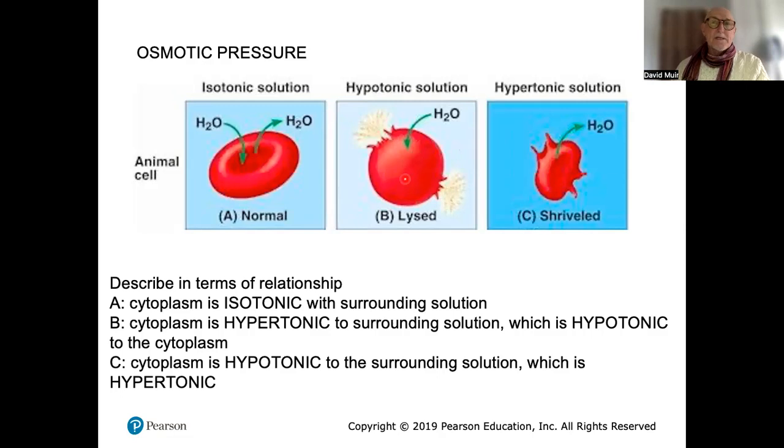They're almost always in a solution which has far fewer salts dissolved than are dissolved into the cytoplasm itself. In other words, the cytoplasm has far less water than there is outside. And the diffusion drives water into the cell.